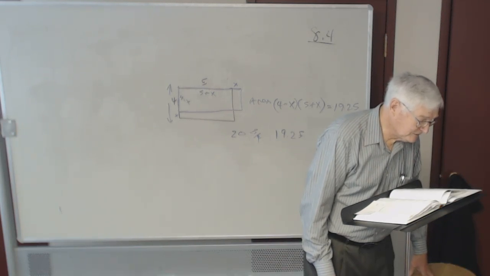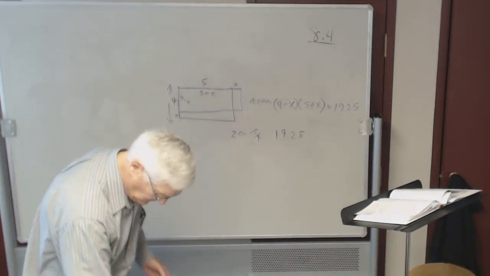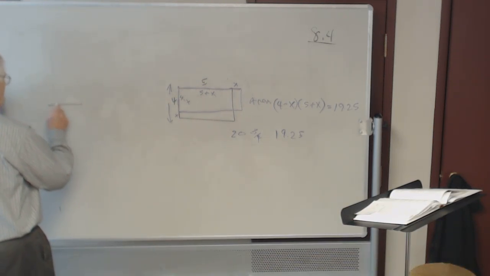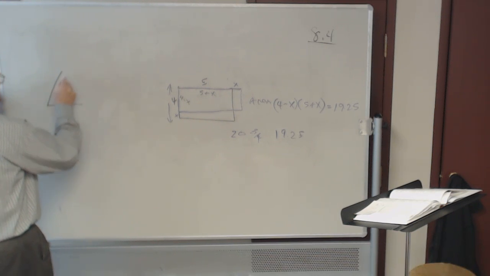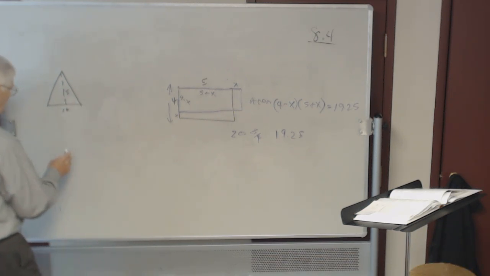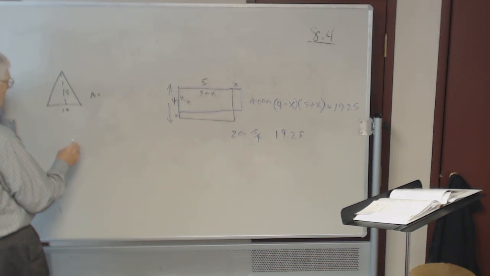38. What happens to the area of a triangle if the length of its base is doubled? What happens to the area of the triangle? Here's a triangle with a base of 10 and a height of 5. So what's the area? 25.